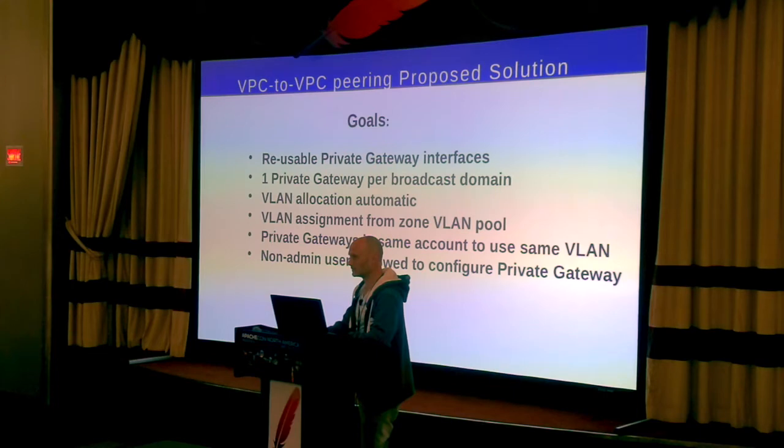So you would probably want to specify a dedicated pool for the physical network on which the private gateways will be created. That's just, let's say, an idea from my side.